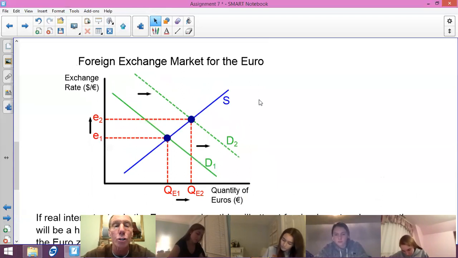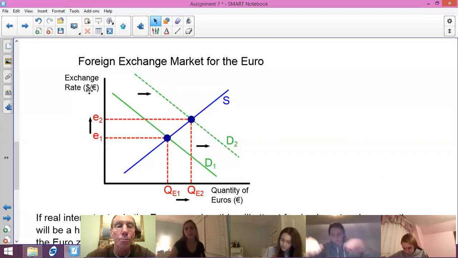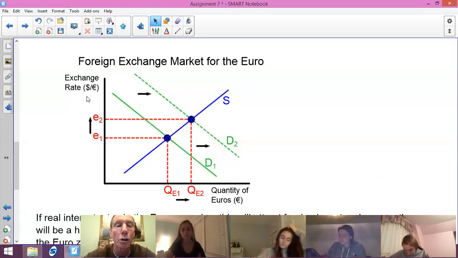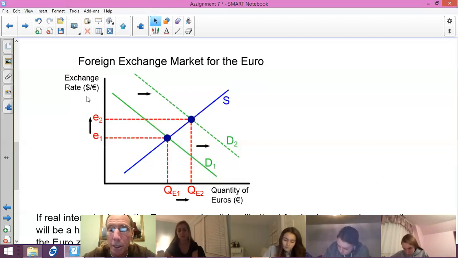So the euro gets stronger. So it's going to take more dollars to buy a euro, right? So more dollars per euro. That's why the dollar is in the numerator. Because if the value of the euro goes up, 1 euro costs more dollars now, right? So the euro gets stronger, the euro appreciates, and the dollar relative to the euro depreciates. Does that make sense, guys?